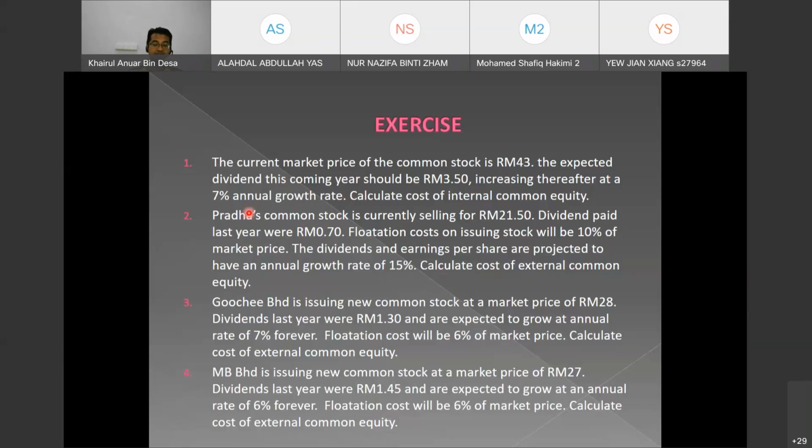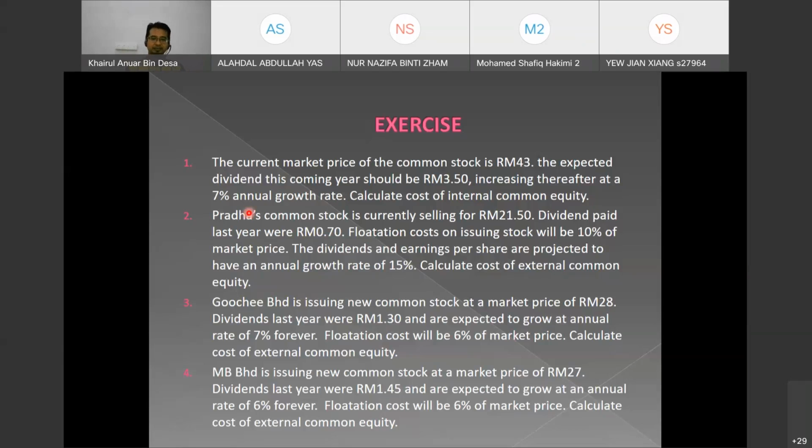I hope you're able to differentiate the keywords next year dividend and last year dividend. Please start calculating, and as usual, I will call your name to make sure you are with me.